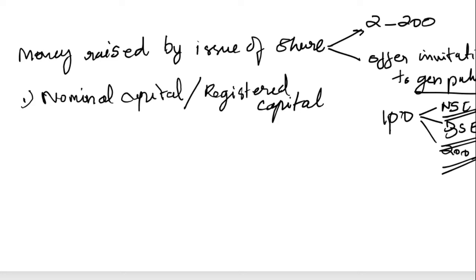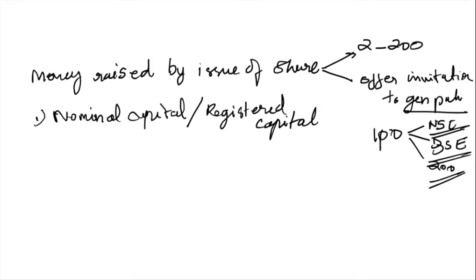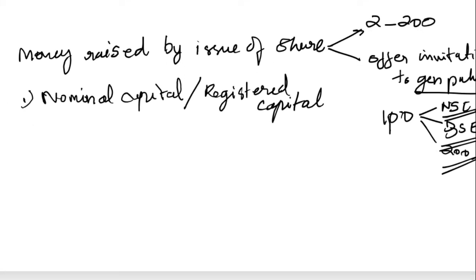So as per the memorandum of association, the company should be stipulated to take or offer a certain amount of shares. So that is called a nominal capital. It is nominal capital or authorized capital or registered capital. At the time of registration, we will give.